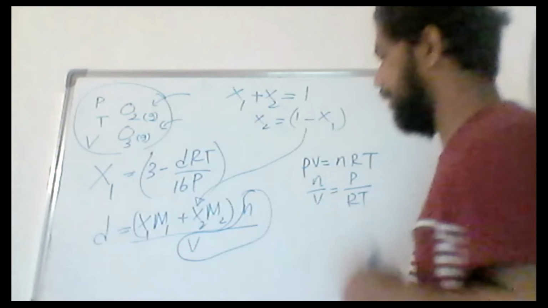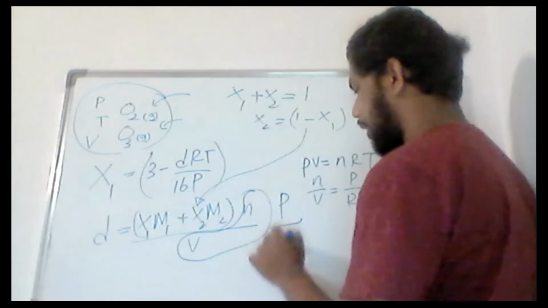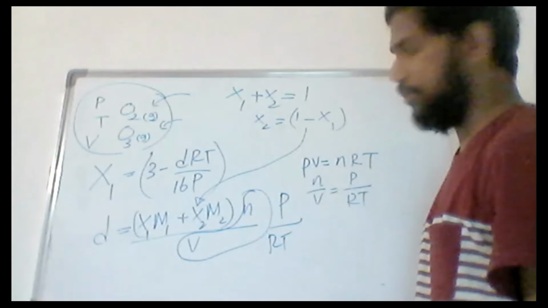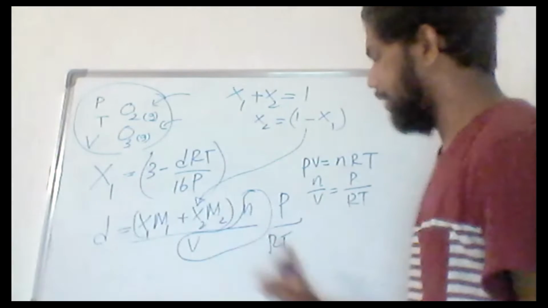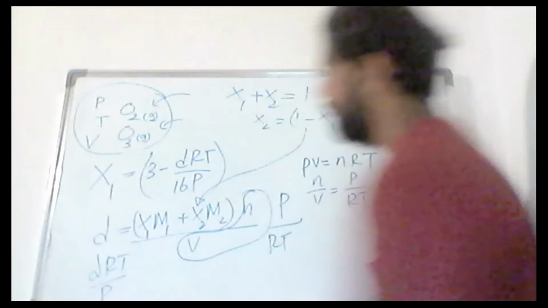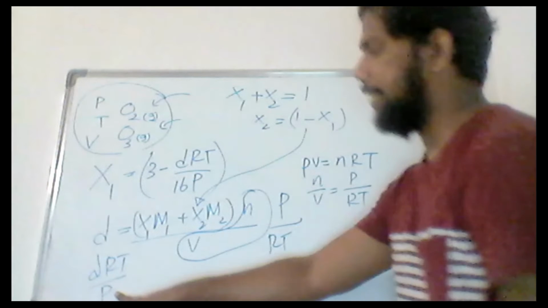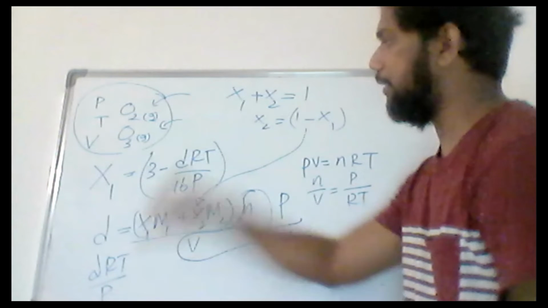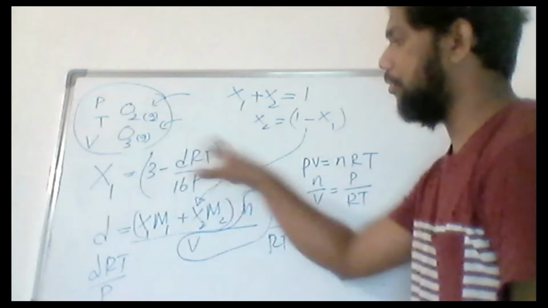So I put this here, it will be P over RT. And if I rearrange, I can take this here. So dRT over P is the factor that I see here.